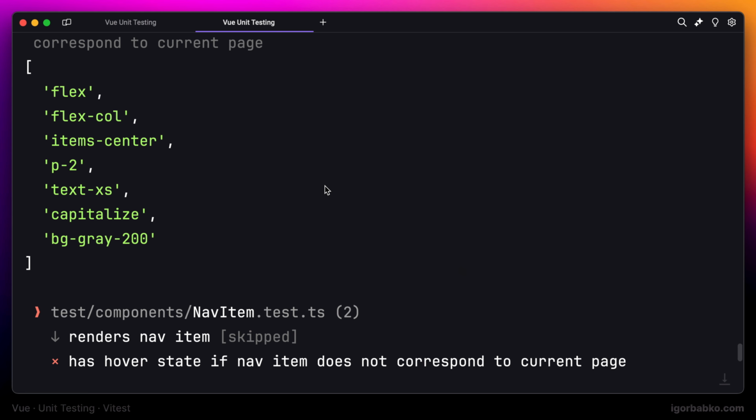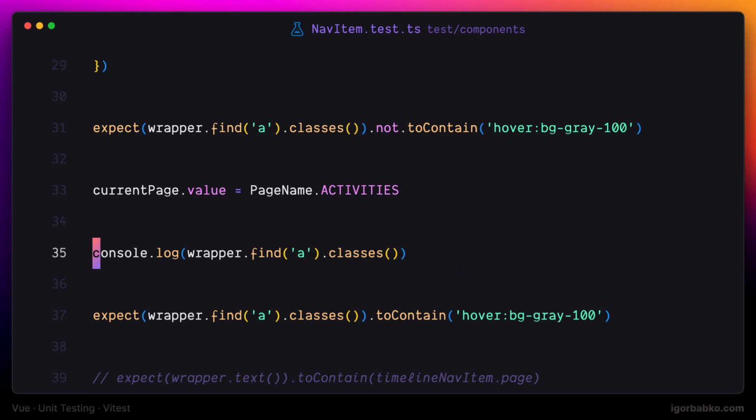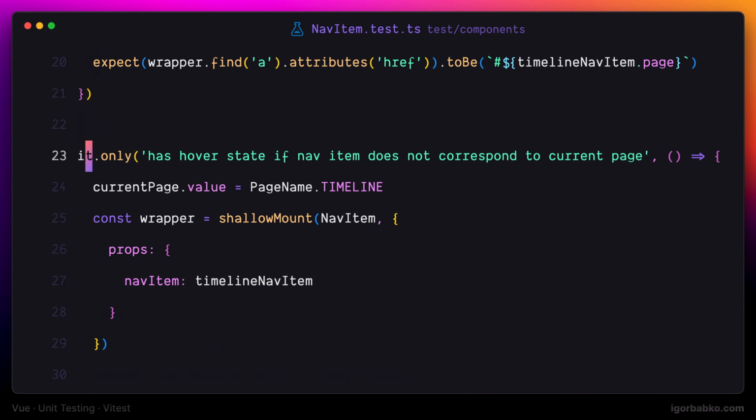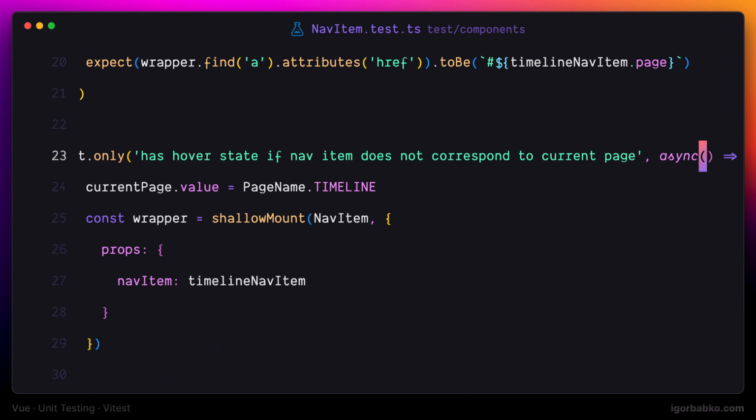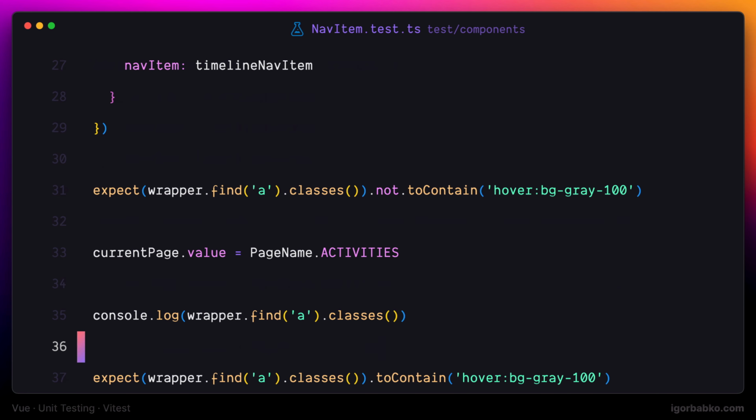That is because Vue updates the DOM asynchronously, and it wasn't able to update the DOM faster than Vitest finished test execution. So we have to wait until Vue fully updates the DOM, and only then continue with our expectations. For that, I'm going to make this function asynchronous, because we're going to use an asynchronous operation inside.